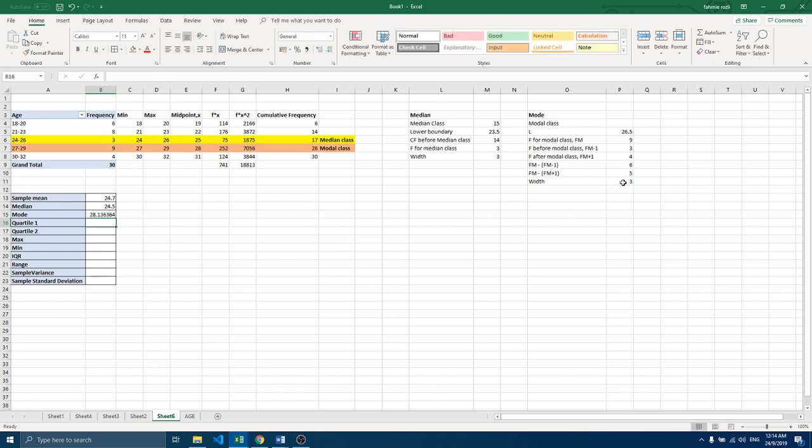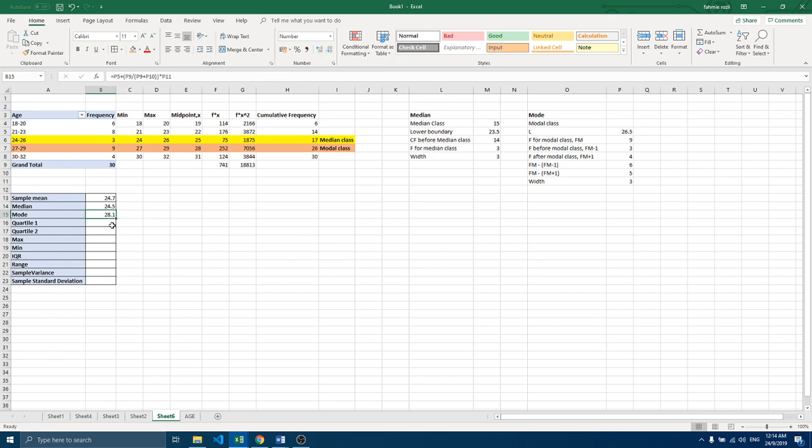Enter. Then you will get 28.8136. So how to make it in 1 decimal place? Click here and go to number. So choose this one, up to 1 decimal place.